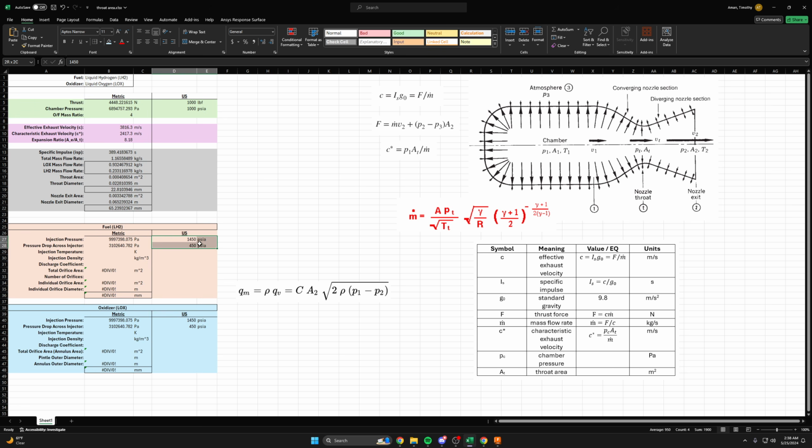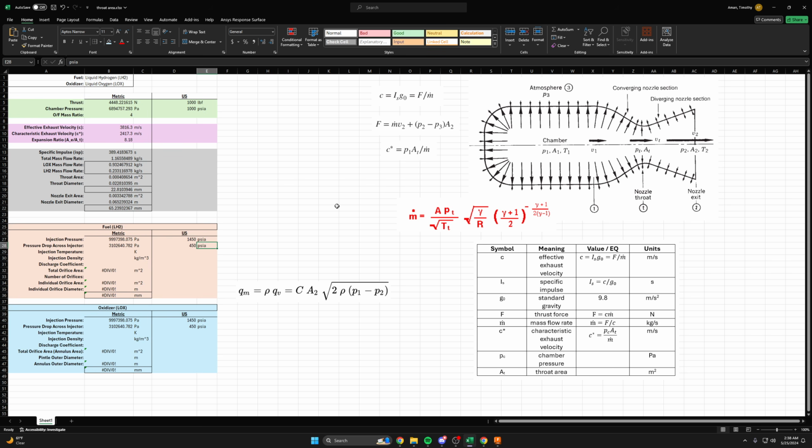So you can see we've plugged in some pressure values as well. As you know, pressure always flows from high to low. So the upstream pressure of these propellants has to be higher than the chamber pressure of your rocket engine. Whether you get this pressure through turbo pumps or electric pumps or a pressure fed system or blowdown system, it's totally agnostic at this stage, but you can see that we have to have a higher upstream pressure and some pressure drop across the injector.